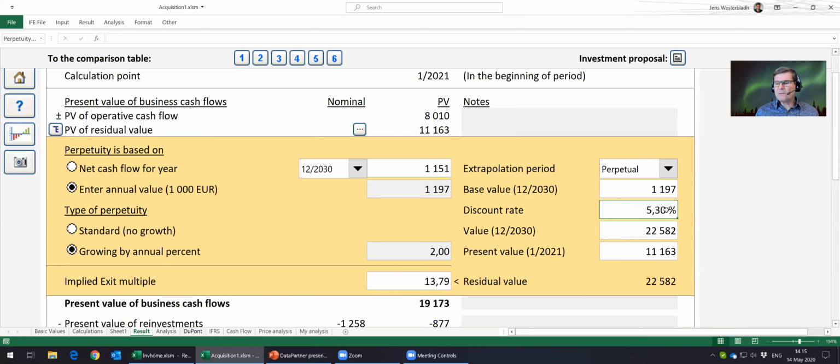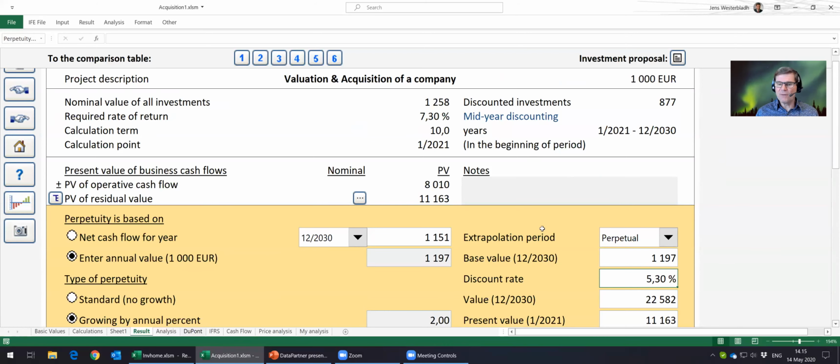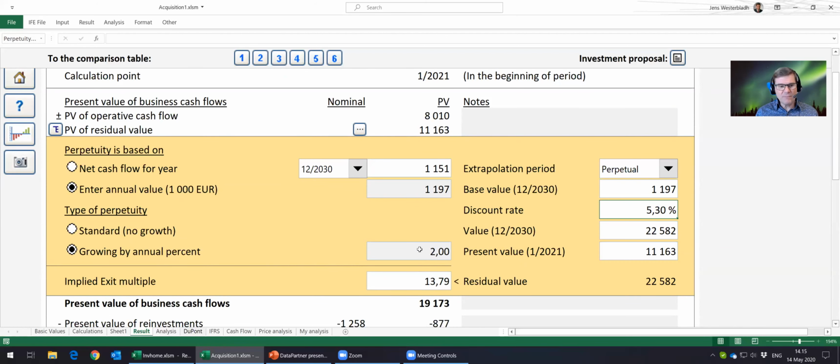It's just which number is used in the Gordon growth rate formula. It's still 7.30 required, but this 730 is reduced with this 2% growth. It can also be a decrease. If it is a business that will be decreasing, I can just put a minus change. And again, you see that it changed the other direction.